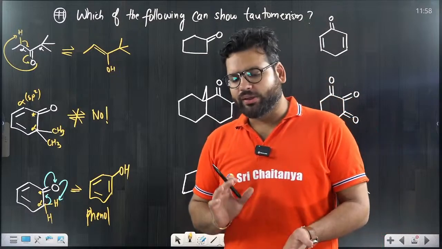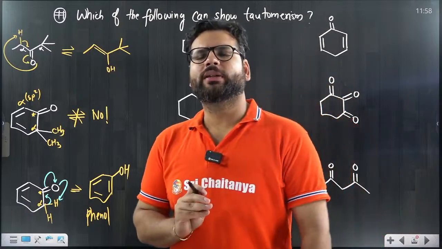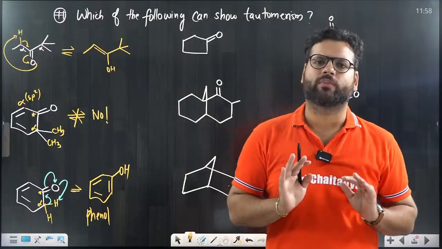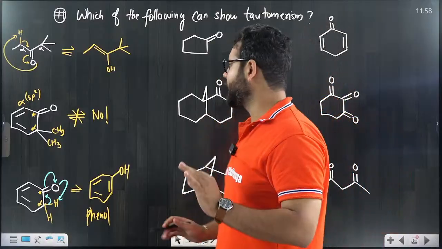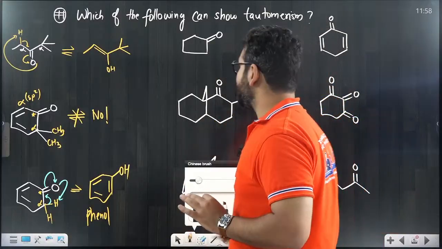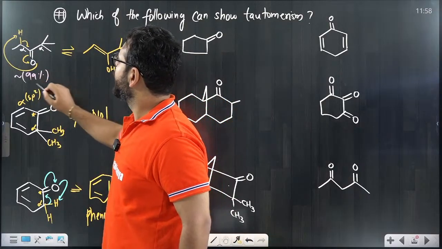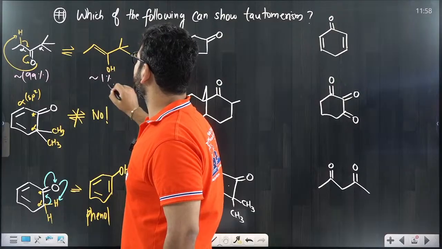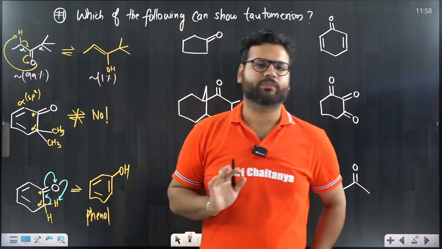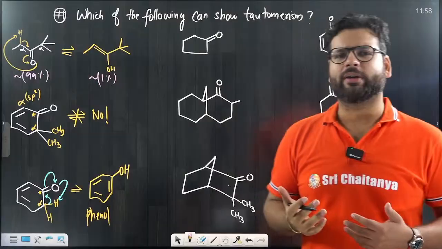See beta, generally keto form is much more stable than enol form. At equilibrium, keto form will be almost 99% and enol will be almost 1% or less than that. Just the approximate value I'm telling.